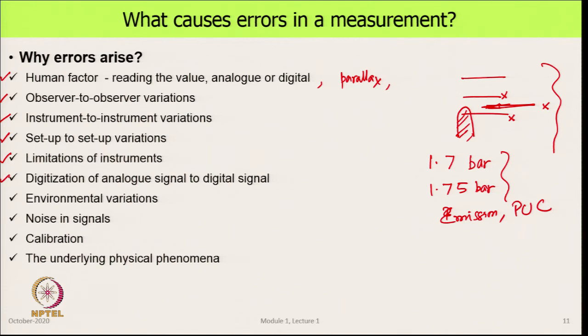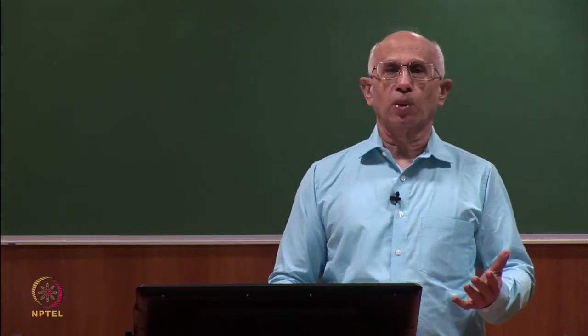Then there is error associated with digitization of an analog signal to a digital signal. These days in the world, almost everything has a digital display. But many things that our sensors and instruments would give, or the world itself, the way it is, is an analog world, it is a continuous world.